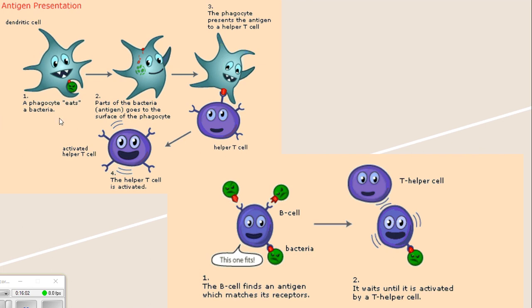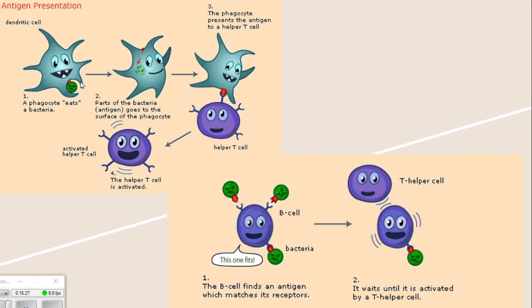So here we have the antigen presentation. I know it says dendritic cell, but a dendritic cell is a different type of immune cell, but we can pretend this is a macrophage. It'll do pretty much the same thing. So the macrophage will eat that bacteria. The little green thing is the bacteria here being taken up by phagocytosis.